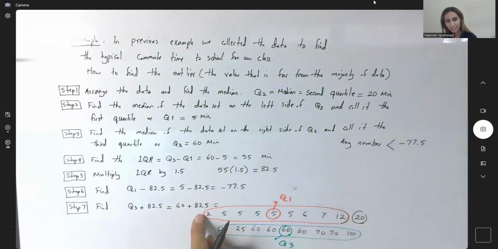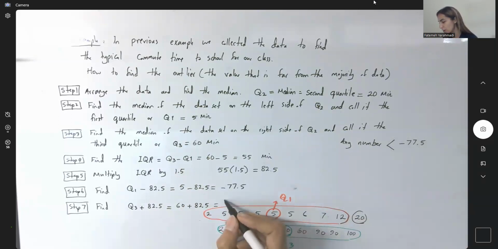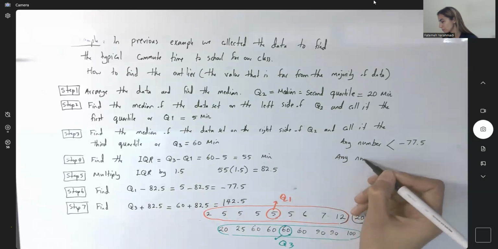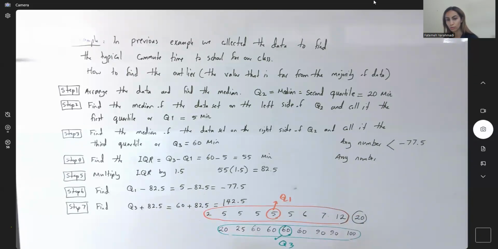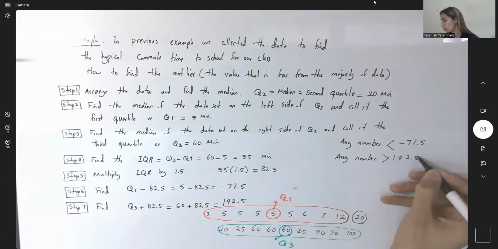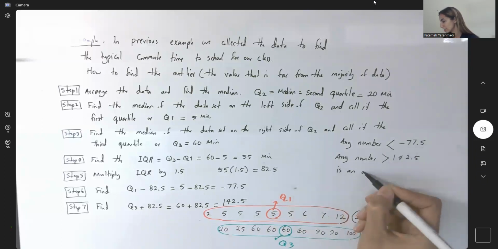But if I add 60 and 82.5, what do we see? Very good, thank you. 142.5. Any number larger than 142.5 minutes. So any number in the collection, guys, do not look any other place. You're only looking at your collection here. More than 142.5 is an outlier.